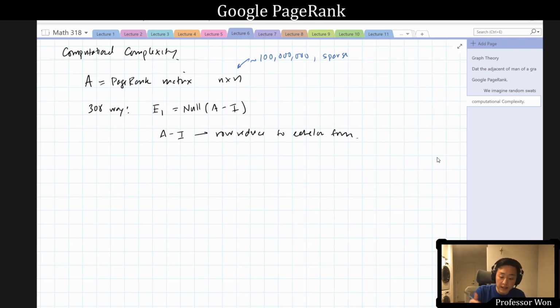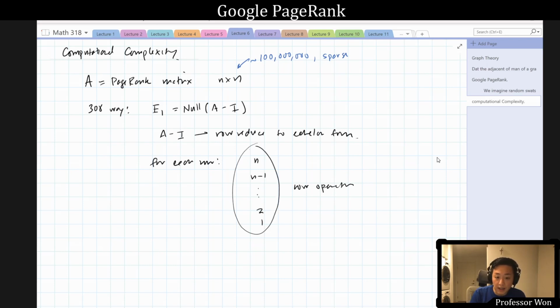So for each row you'll need to do roughly n, then n minus 1, down to 2, down to 1 row operations. And there's n rows. So this thing sums to roughly the number of row operations you'll have to do. And this is just the sum from 1 to n. So you'll have to do roughly n choose 2, or n times n minus 1 over 2 row operations. Roughly, so we might as well say roughly n squared.